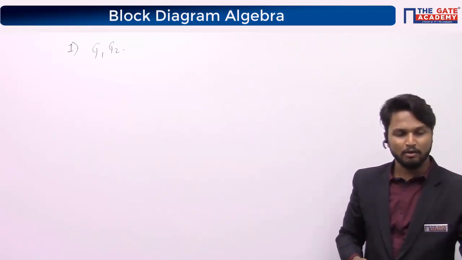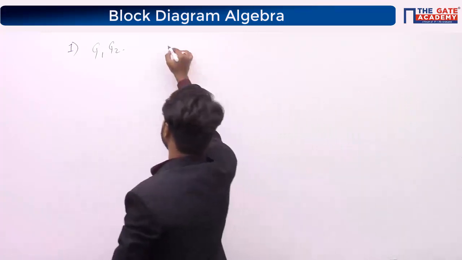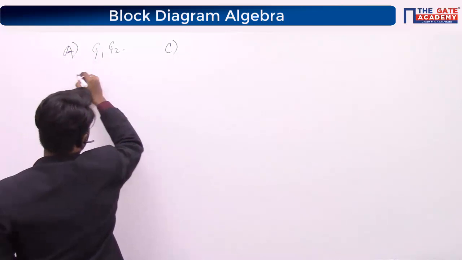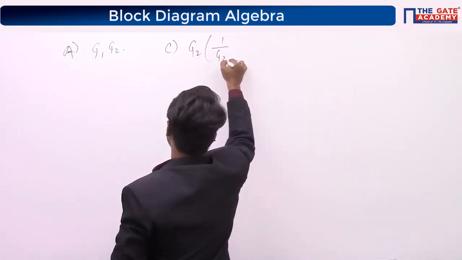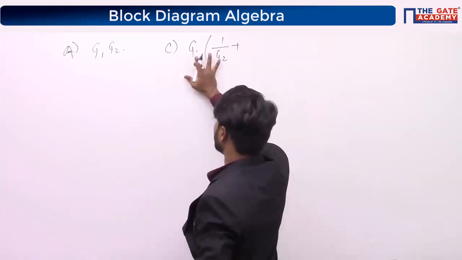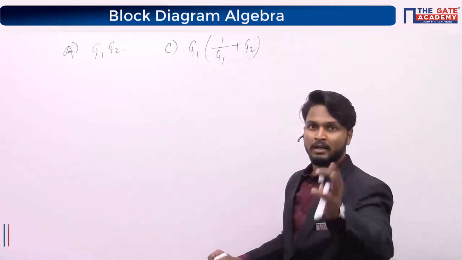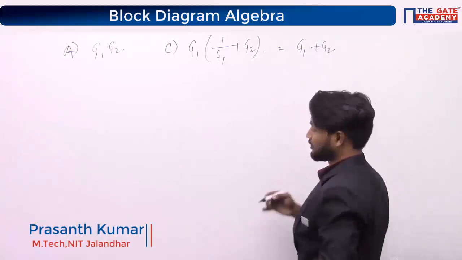Whereas, look at the option C. If you simplify option C, it is G2 multiplied by 1 by G2, G1 multiplied by 1 by G1 plus G2. If you simplify this, what will you get? G1 plus G2.